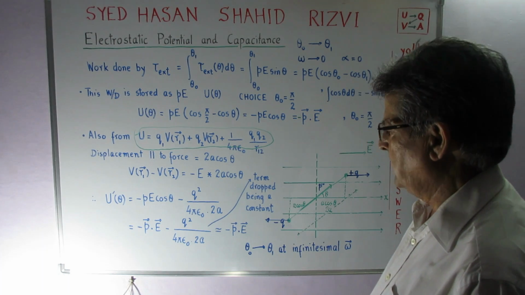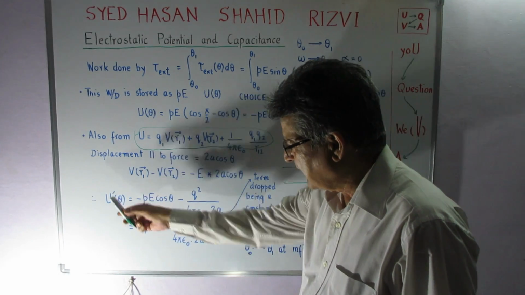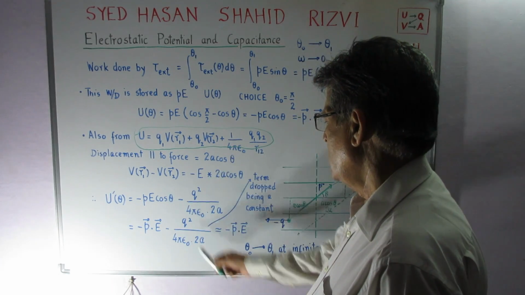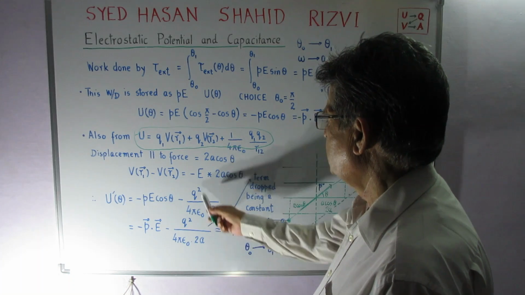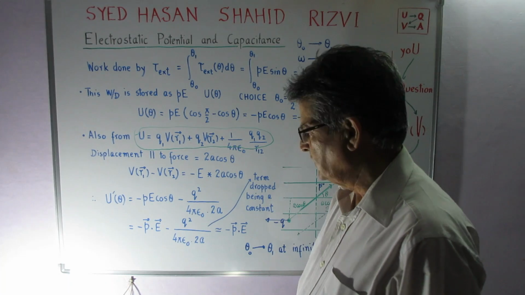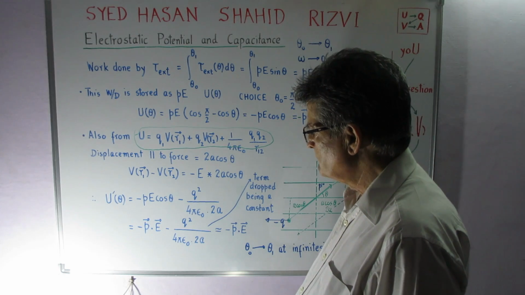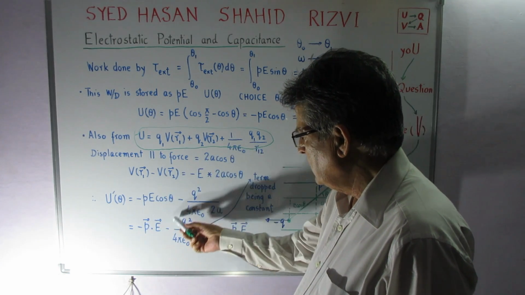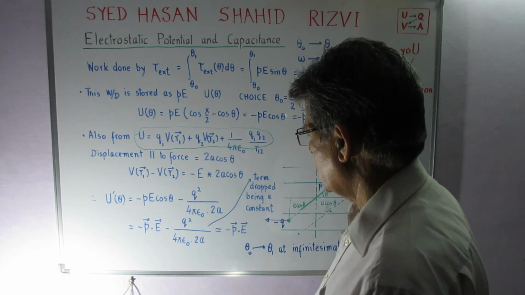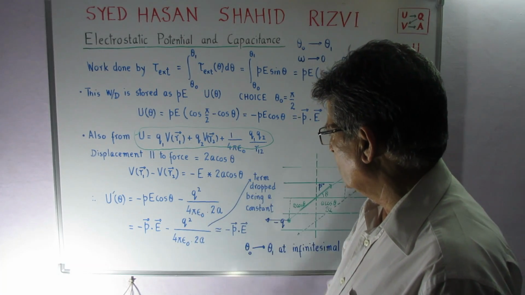Now let us try to obtain the potential energy associated with that and write it as U dash. So this is equal to minus P cos theta minus Q square upon 4 pi epsilon naught multiplied by 2a, the distance between the two charges, minus Q and plus Q. So I can write this as minus P dot E minus Q square upon 4 pi epsilon naught into 2a.